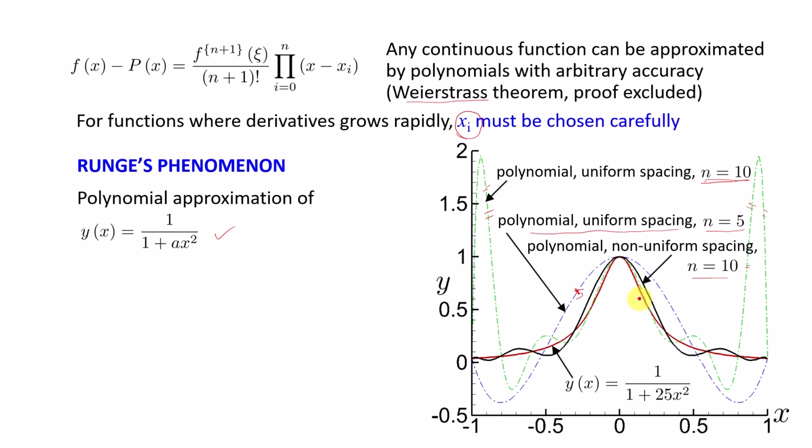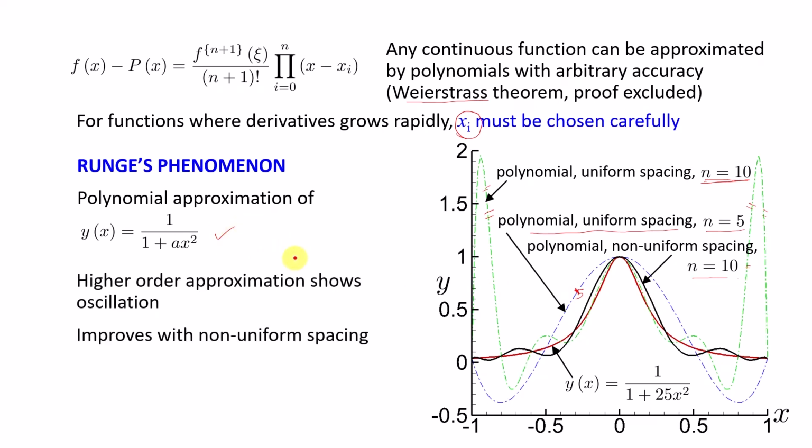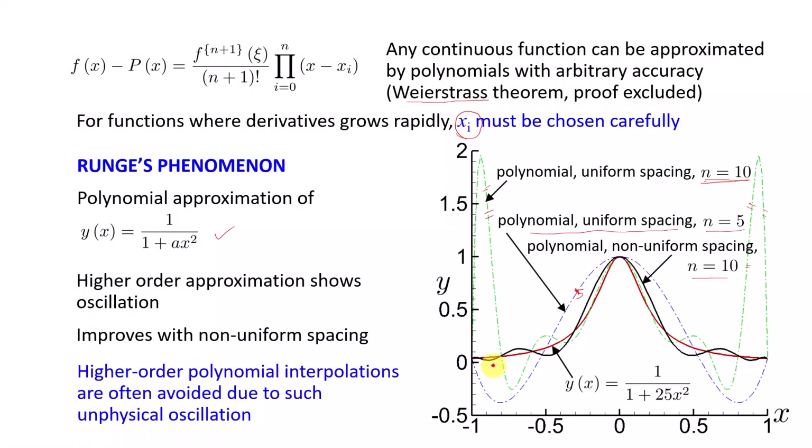This is very much true for functions where the derivative will grow. So with higher order approximation, here we see that there is a lot of oscillation which improves with non-uniform spacing. And this is a problem. That is why when we use a higher order polynomial, we can see unphysical oscillation if we go with uniform spacing.